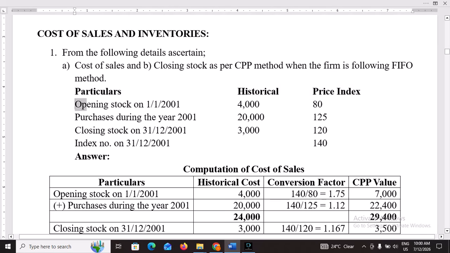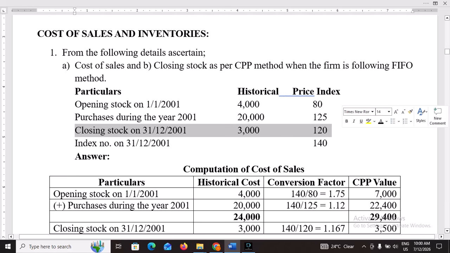Opening stock on 1/1/2001, historical 4,000, price index 80. Purchases during the year 2001, 20,000, index 125. Closing stock on 31/12/2001, 3,120.